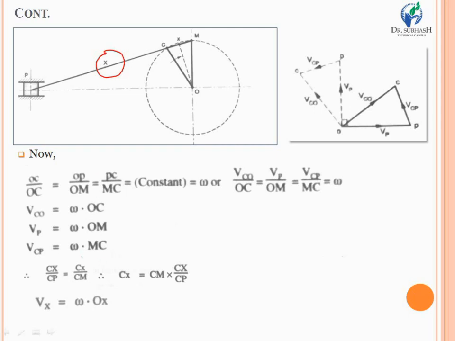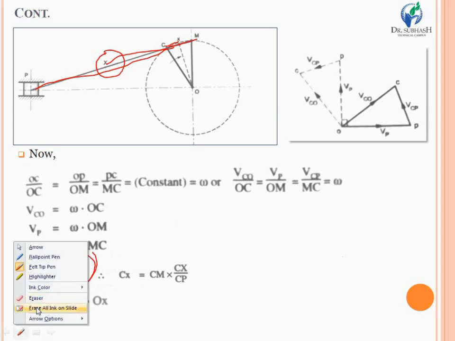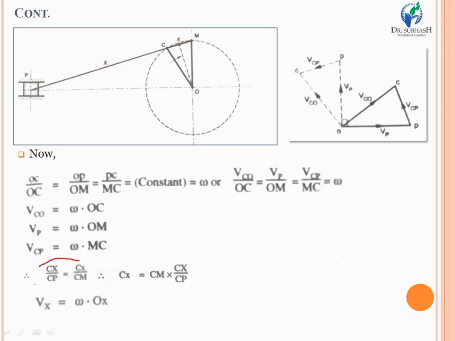Just take the ratio in such a manner that Cx upon Cp should always be equal to Cx upon Cm. If such a proportional ratio has equal magnitude, then convert this relation in terms of Cx.